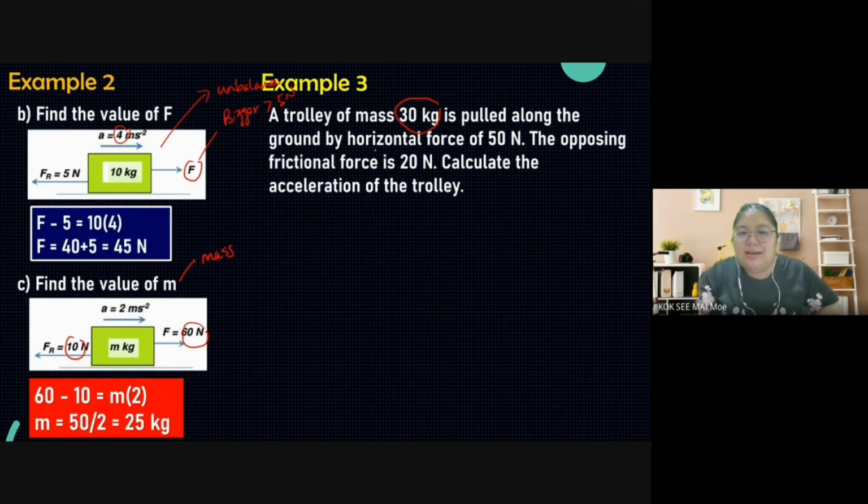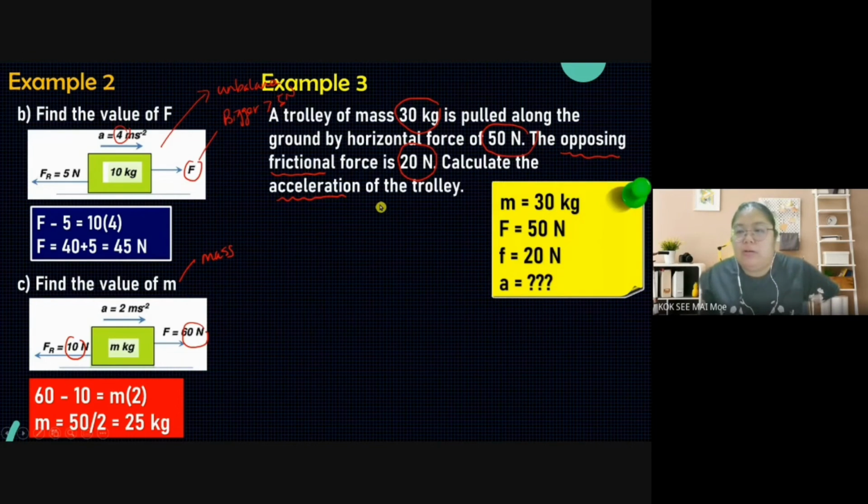Pulled along the ground, horizontal force 50 Newton. The opposing friction, they tell you opposing friction, meaning it is in the opposite direction. The force is 20 Newton. Calculate the acceleration. They want to calculate A.